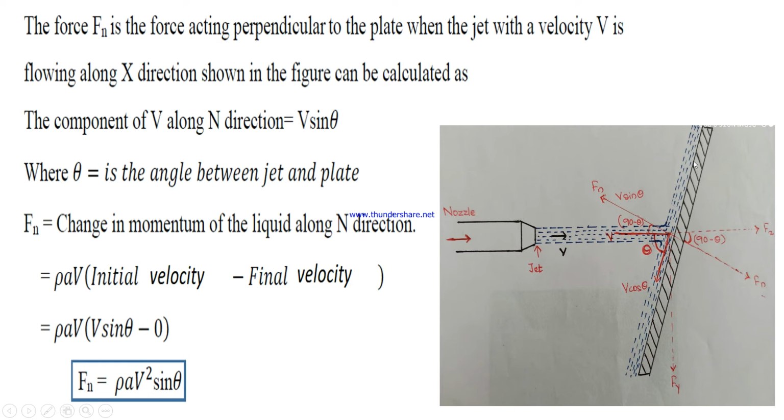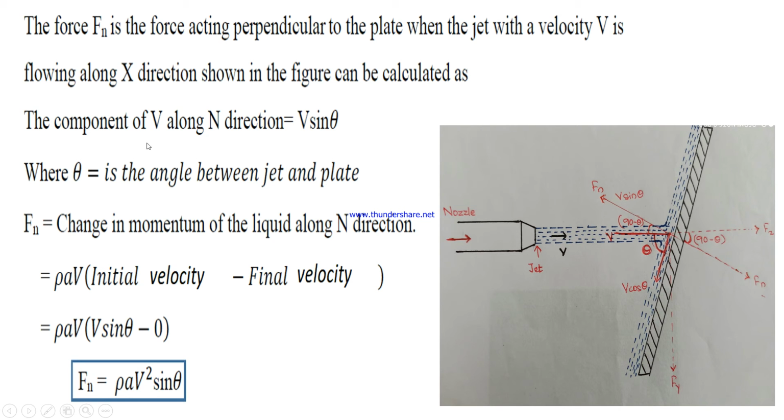Along the flow we have the cos component, and along the perpendicular direction we have the sine component, and sine of 0 is 0. So the final velocity of water along the normal direction will be 0.